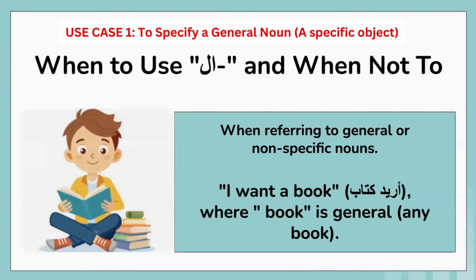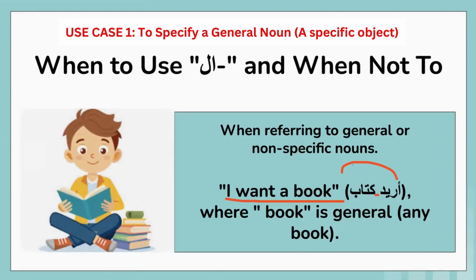When I remove al before kitab, it becomes urid kitab and the meaning changes. It becomes I want a book. So the book here is general. It can be any notebook or any textbook that you want. When you say I want a book, they'll give you any available book as per their choice. When you say I want that book, the book, it means there is a specific book. So you understood when to use al and when not to use it, right?